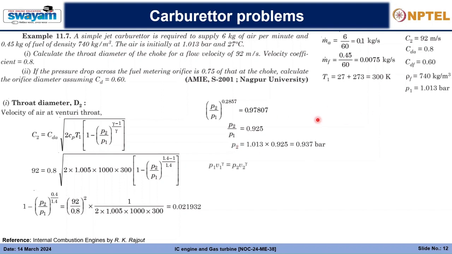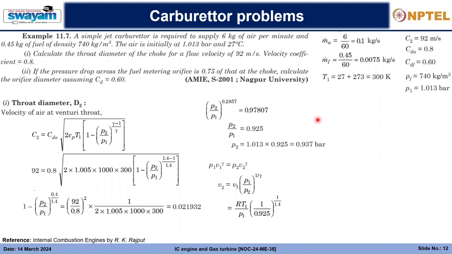Then we use the thermodynamic relationship for an isentropic process. P1 V1 to the power gamma equals P2 V2 to the power gamma, and V2 is equal to V1 into (P1 by P2) to the power 1 by gamma.